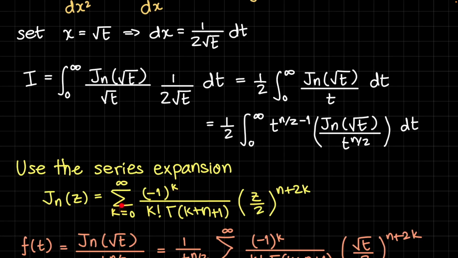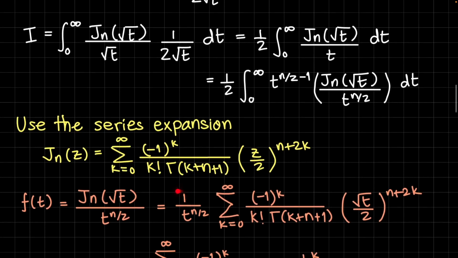But this is the series expansion: sum from k equals 0 to infinity of (minus 1) to the k over k factorial gamma of (k plus n plus 1). And since it's a power series, it should have a z dependence: z over 2, the whole thing raised to the n plus 2k power.